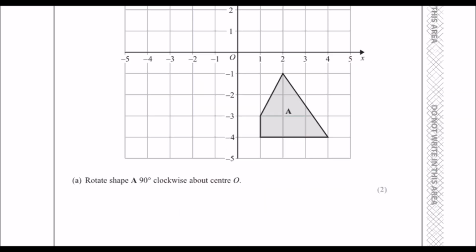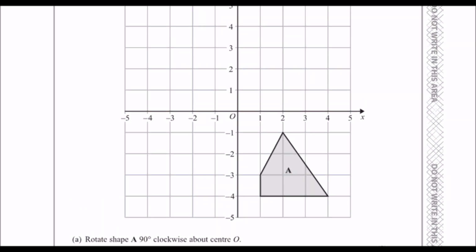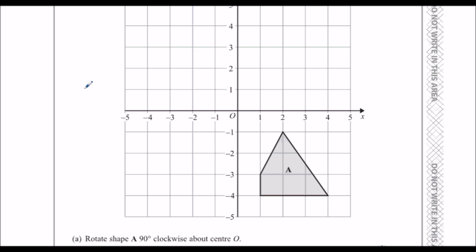Question 13. Rotate shape A 90 degrees clockwise about the center O. So we would usually use tracing paper. I don't believe I've got any available on here.